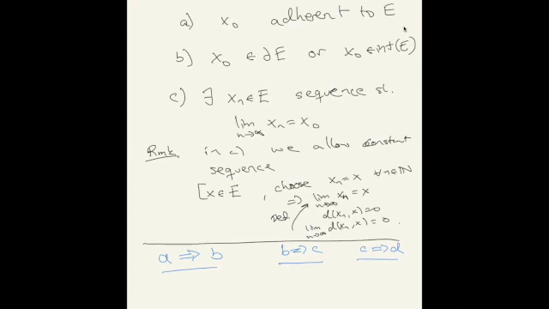Instead of proving also that B implies A, or that C implies B, the other directions, these don't have to be proven because they become automatic from the proof.